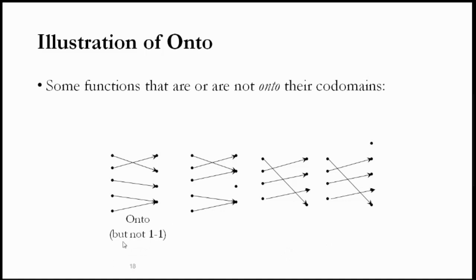So this is onto, but not one-to-one, because these two elements were pointing to one thing. Not onto or one-to-one. Both one-to-one and onto. One-to-one, but not onto. So these are the differences.